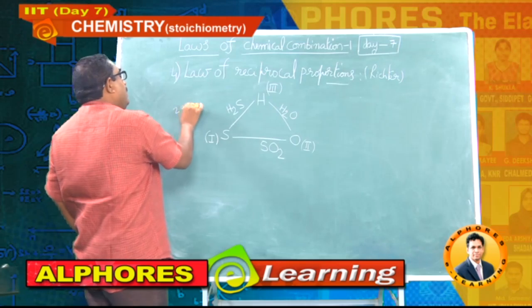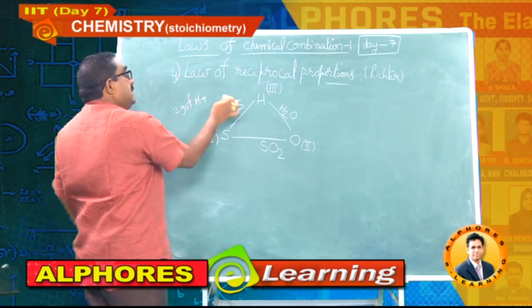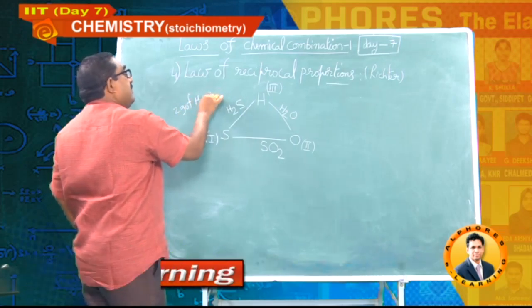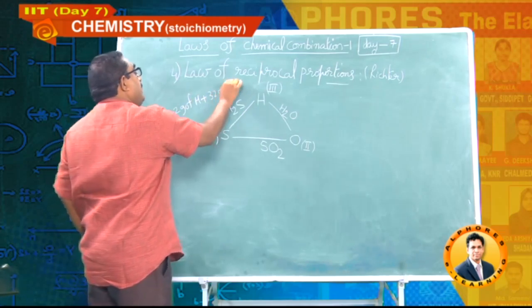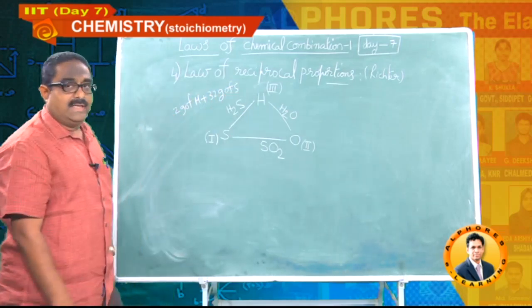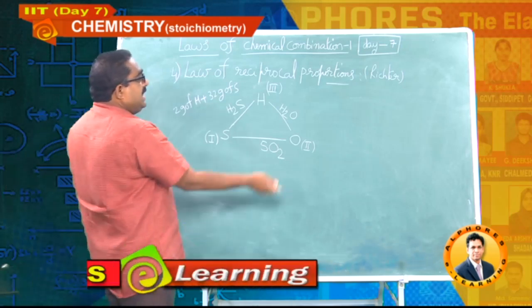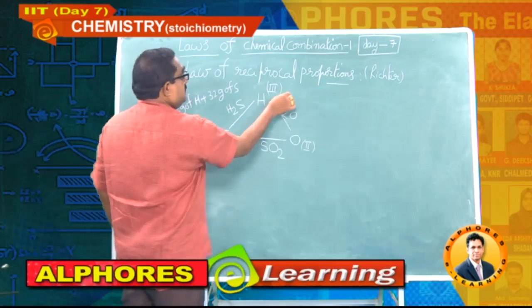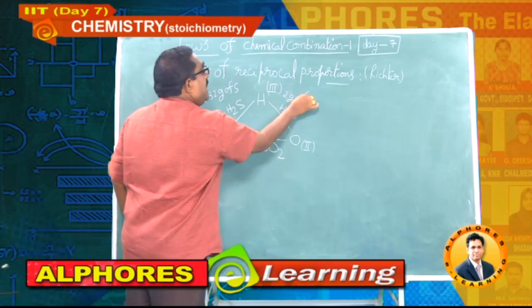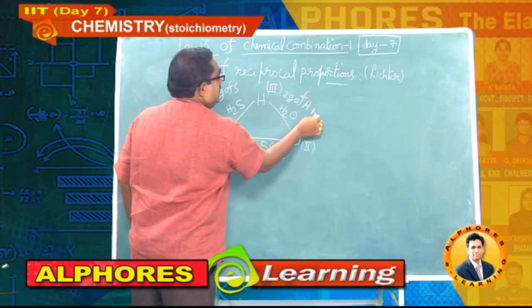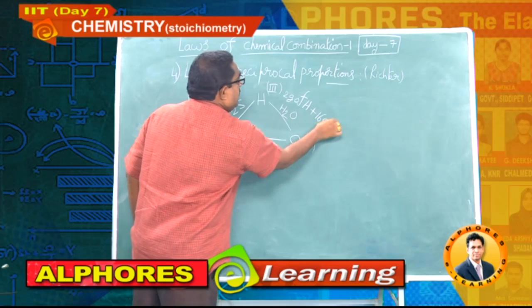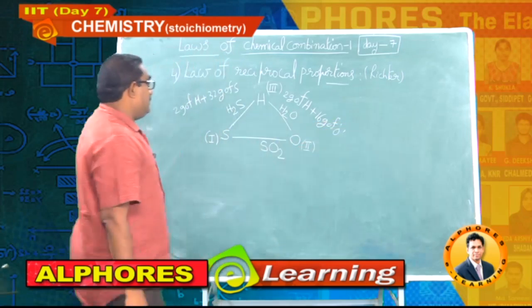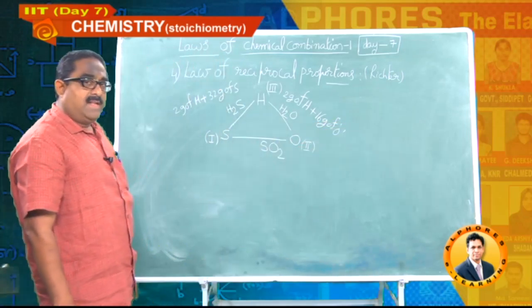2 grams of hydrogen combines with atomic mass of sulfur, 32 grams of sulfur. Write down, students. Here in H2O also, 2 grams of hydrogen combines with 16 grams of oxygen. I am repeating the last statement here.